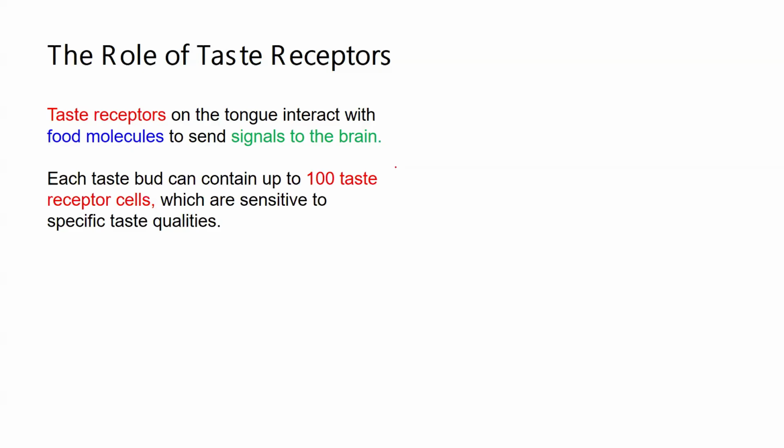Each of these taste buds, like papillae, vallate, foliate, each of them has up to 100 taste receptor cells. And it is these taste receptors that are sensitive in identifying a specific taste, sensitive to specific taste qualities.